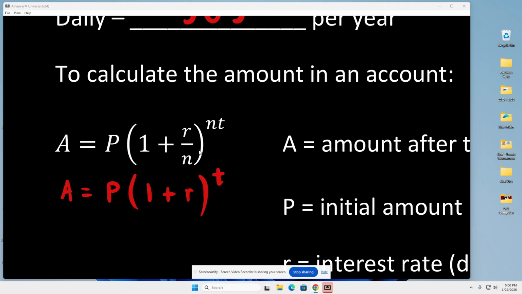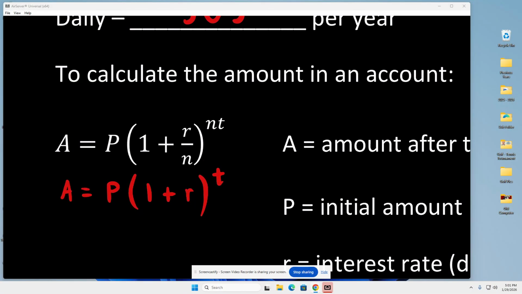Now, if you recall, a second ago I told you that if it was annually, it's the same thing as appreciation. Because think about this. If it's annually, isn't it 1? And if I divided R by 1, isn't it just R? And if I multiplied T by 1, isn't it just T? So compounded annually is the same thing as appreciation.